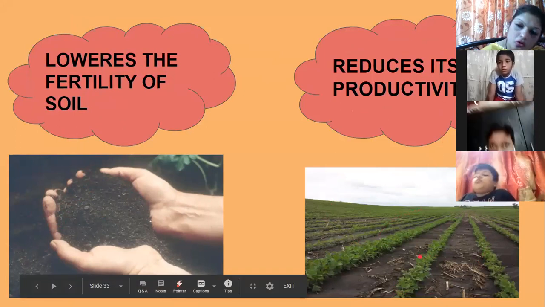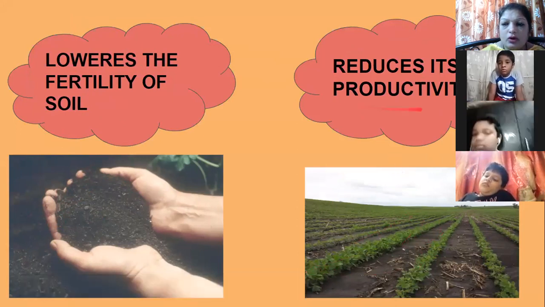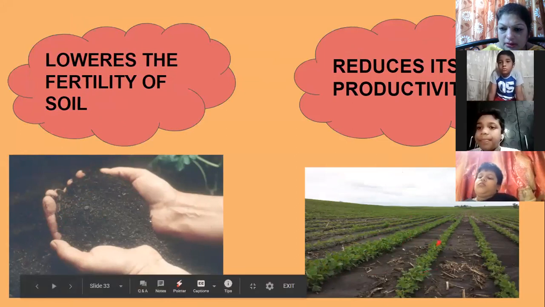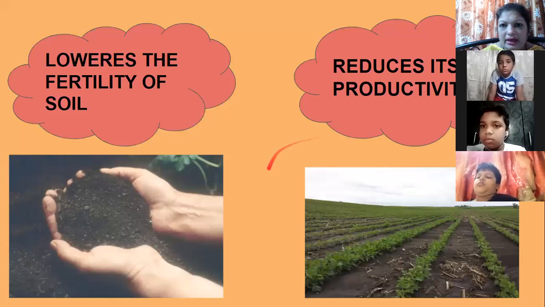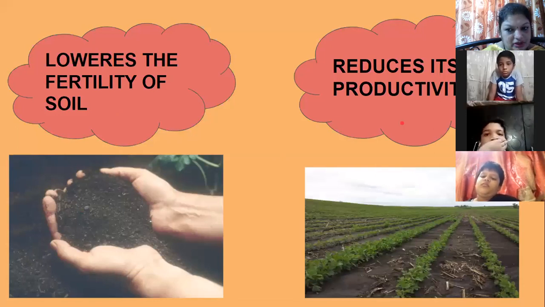If you are using more chemical fertilizers, what will happen to the production of the crops? Production means what? Growth of crops. It will reduce. So what? Two very destructive things: it lowers the fertility of the soil and reduces its productivity. Remember, I'll ask you at the end of the session.